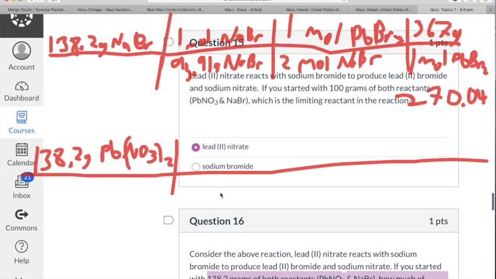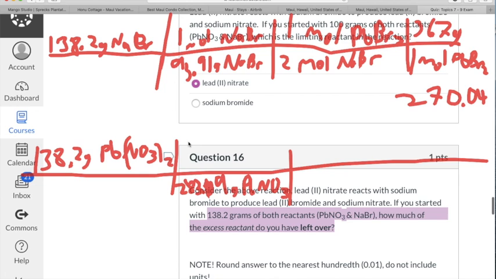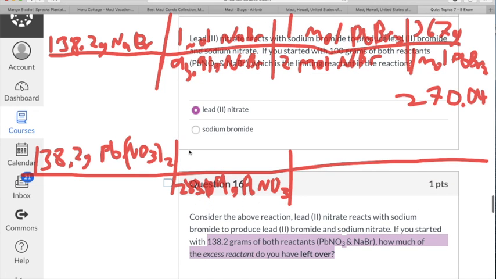And following my units, I'm going to have grams of, let's see, I have this written down, 283.19 grams of Pb(NO3)2 for every 1 mole of Pb(NO3)2.